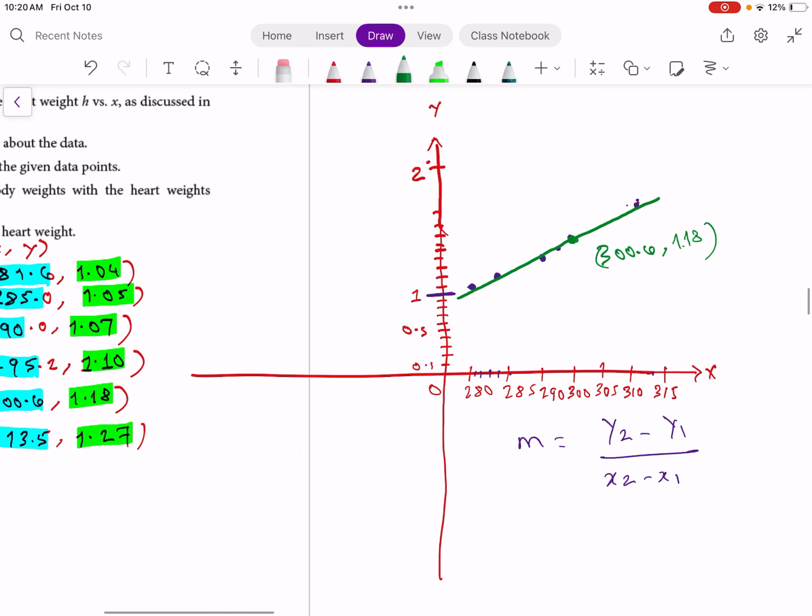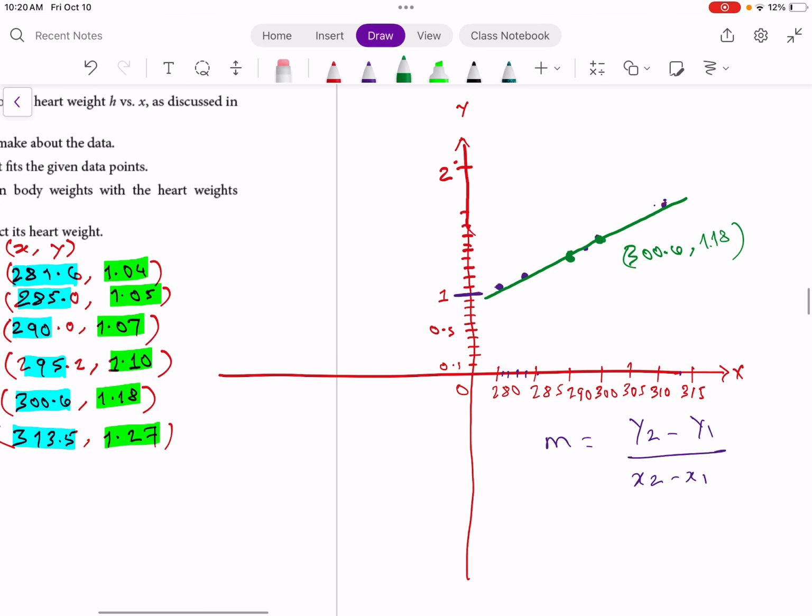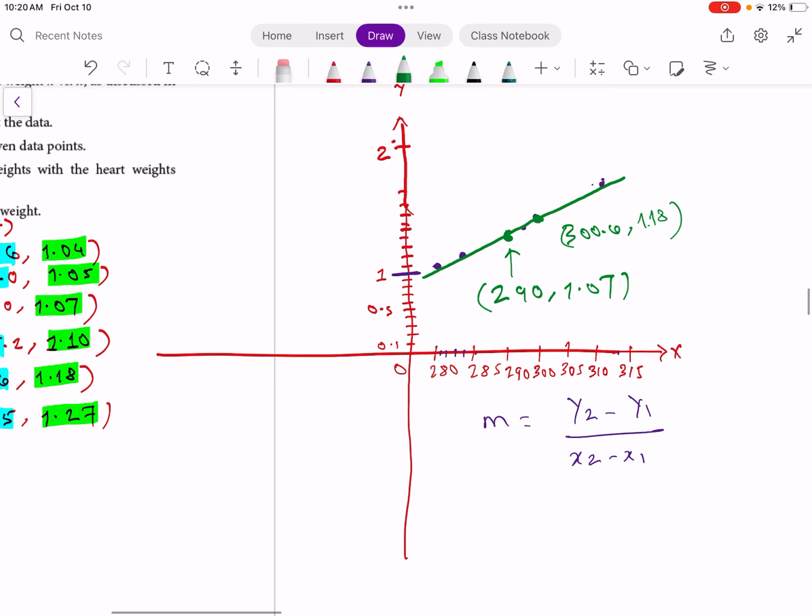And let's pick one more point which is on the line. This one. So this is our second point, which is 290, 1.07.